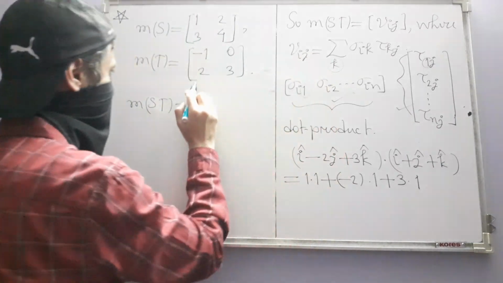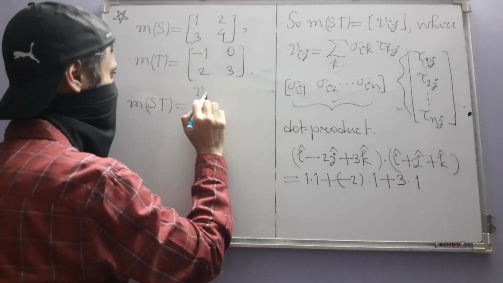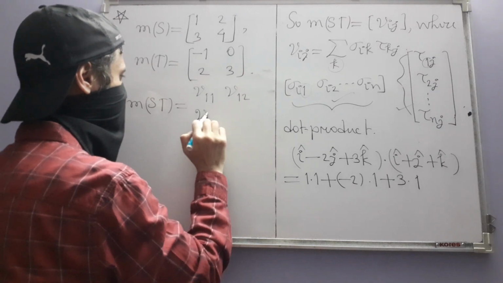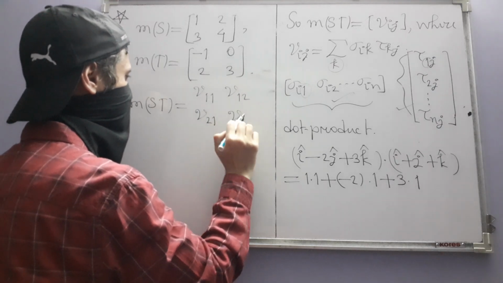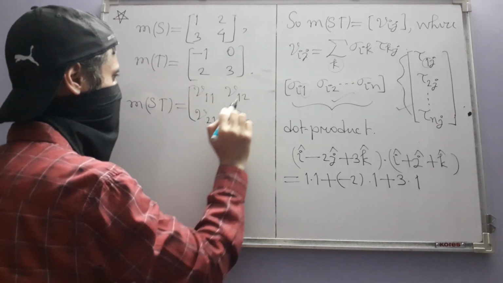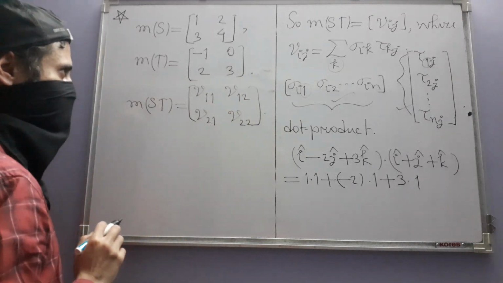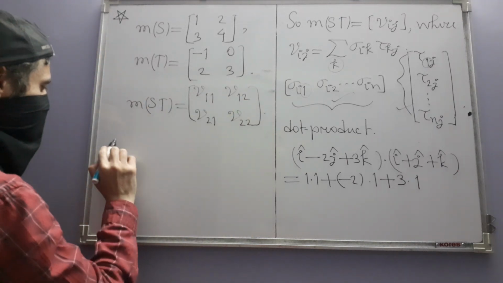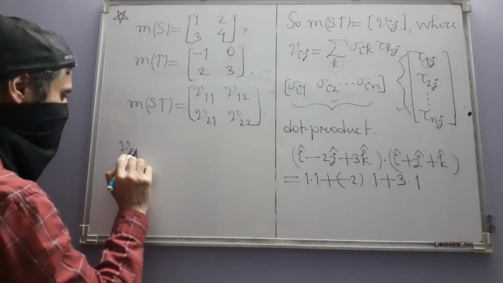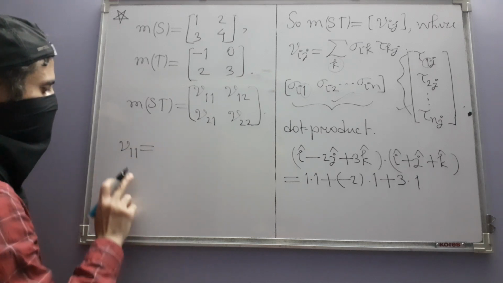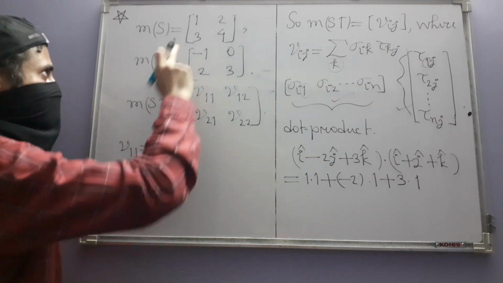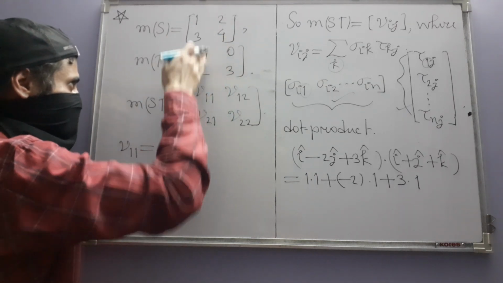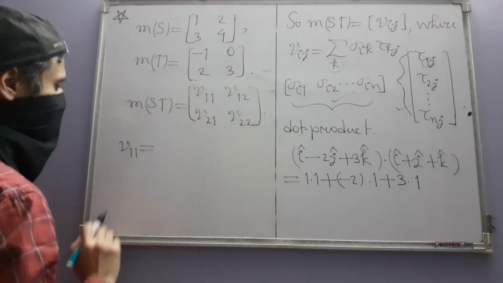So MST is this: new 1 1, new 1 2, new 2 1, new 2 2. And to calculate these new ij's we have that rule. For example, to calculate new 1 1, we have to consider the first row of this matrix and the first column of this matrix, which are what?